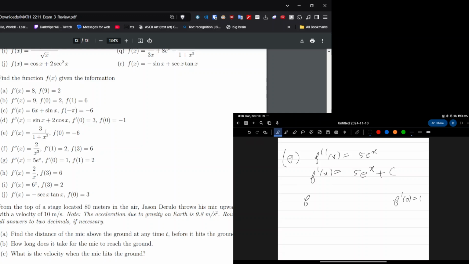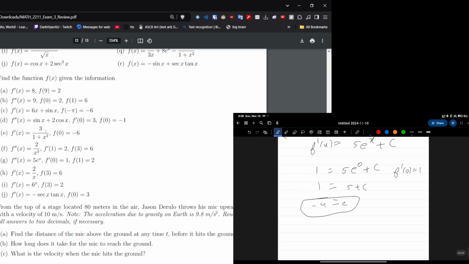So f dash of 0 equals 5e to the power 0 plus c, and it was 1, right? e to the power 0 is 1, so 5 plus c equals 1. This becomes c equals negative 4. So I can write f dash of x as 5e to the power x minus 4.